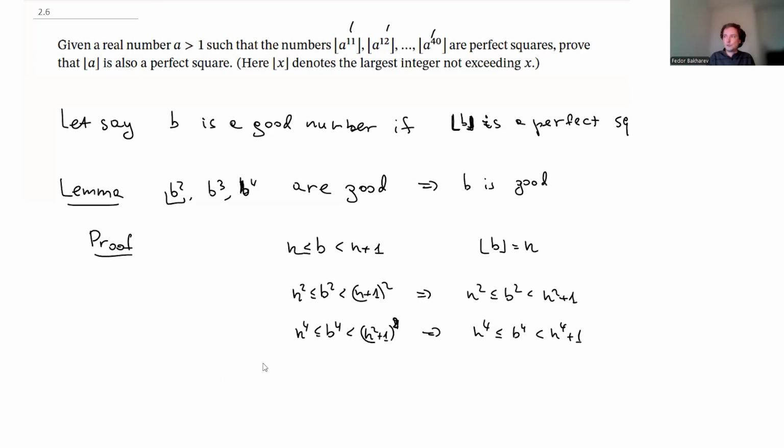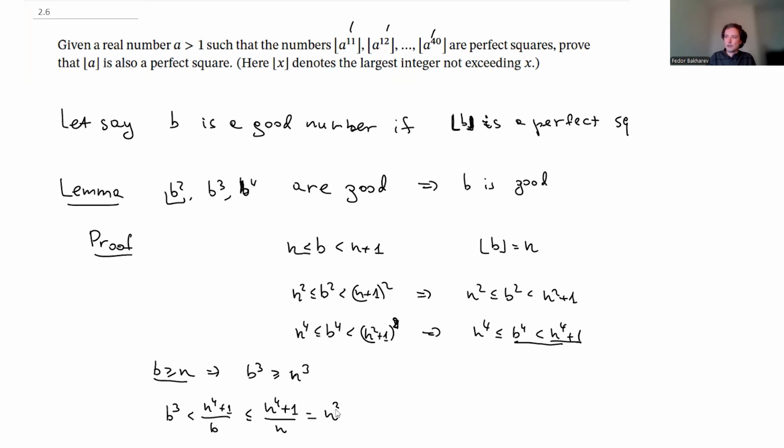So what should we write here? We should understand the following: since b is bigger than n, then b cube is bigger than n cube, and thus I could write that b cube is smaller than n to the power 4 plus 1 divided by b. This is smaller or equal than n to the power 4 plus 1 divided by n, because I decrease the denominator here.